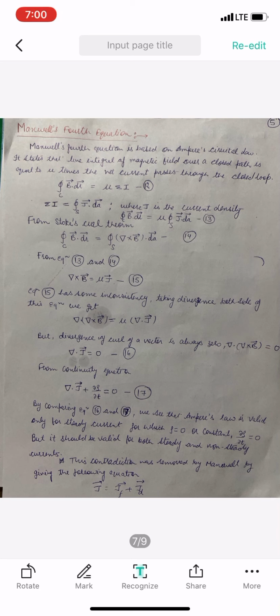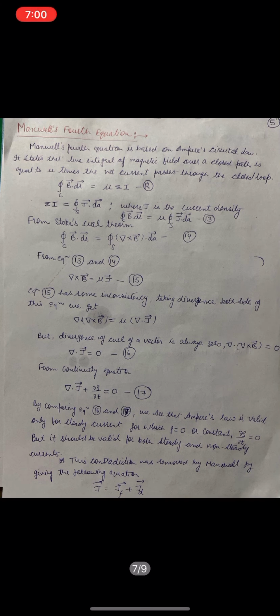But this equation has some inconsistency. What is the inconsistency in this equation? We will go through it. If we take divergence on both sides, what will happen?